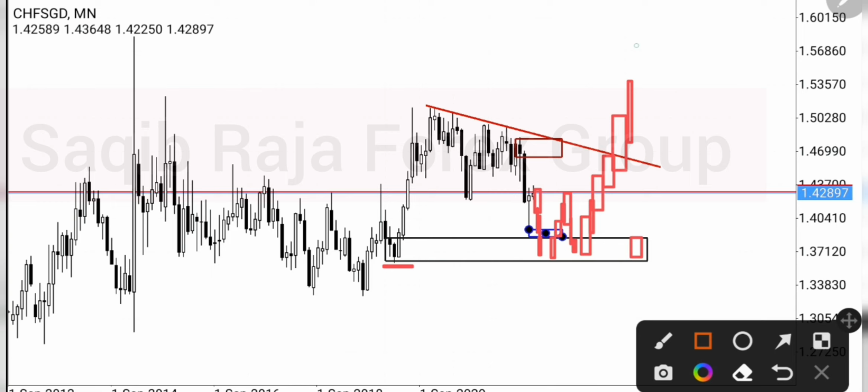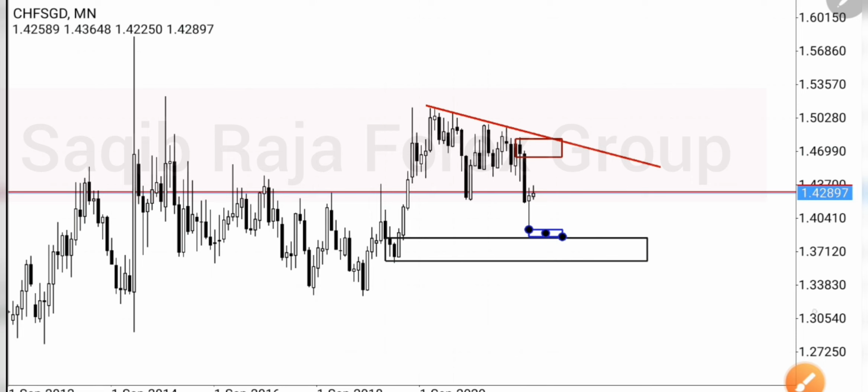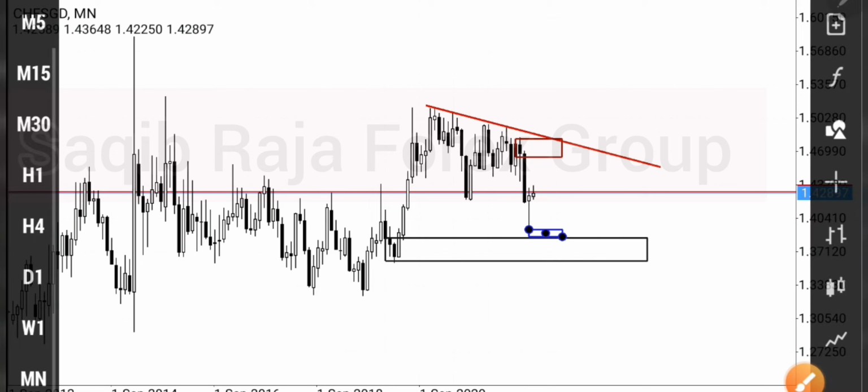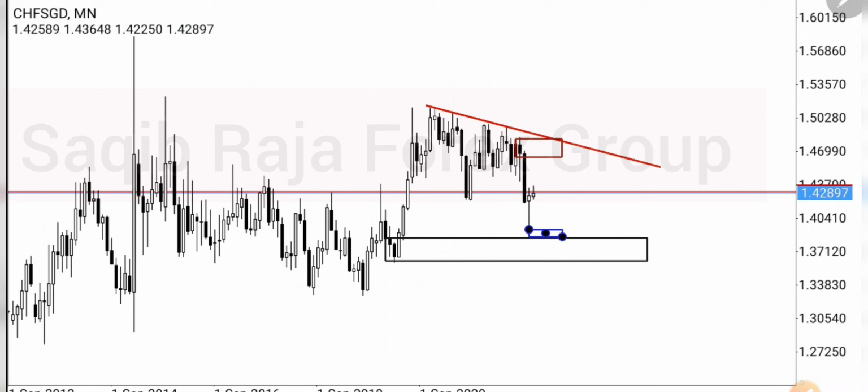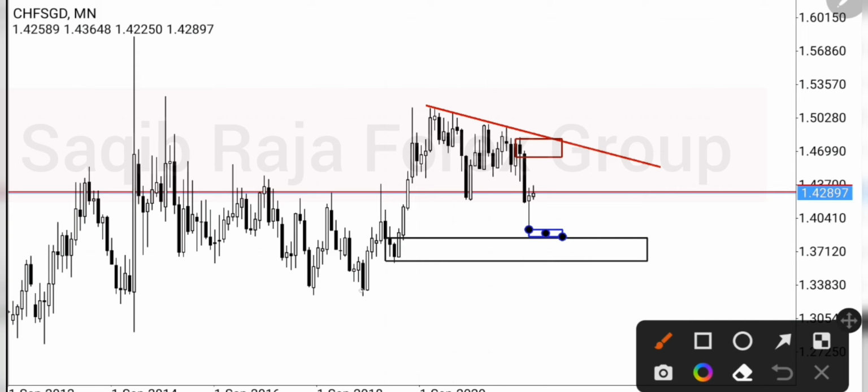But technically, for longer position type traders, if you see here, another thing I can show you, look at that. The market just removed. The market was moving up. What happens next? This is our month chart.